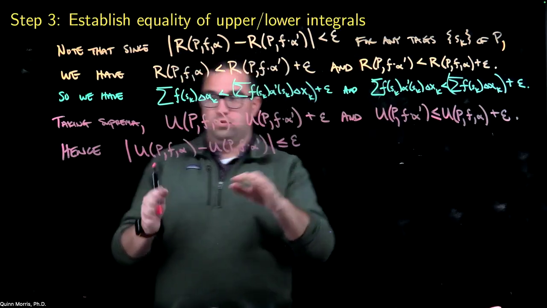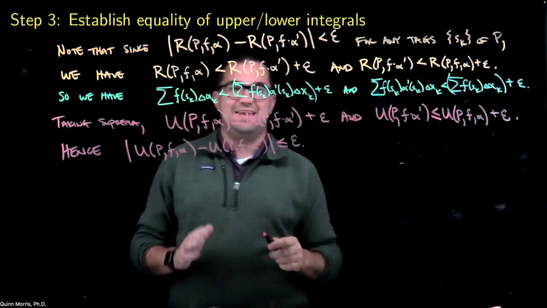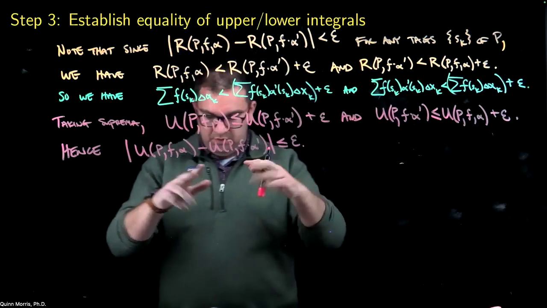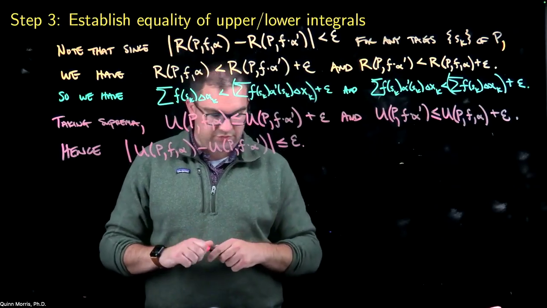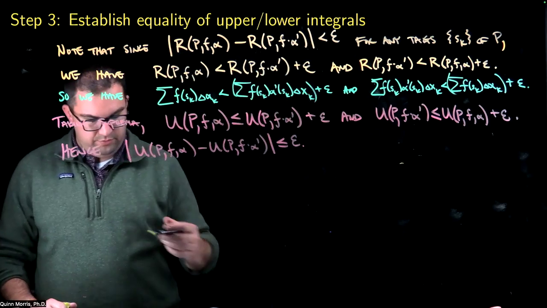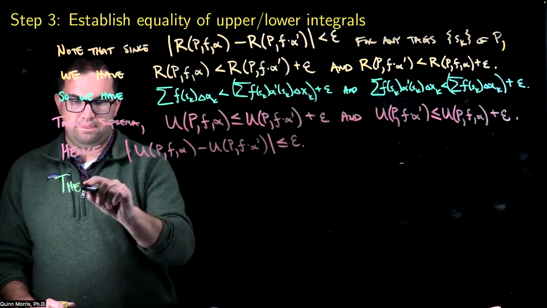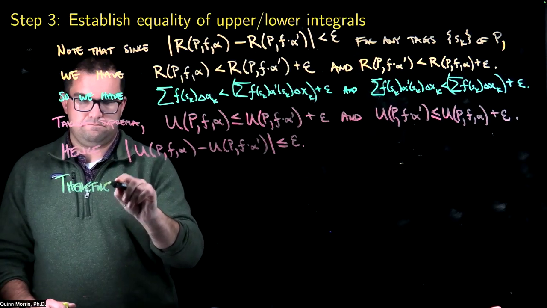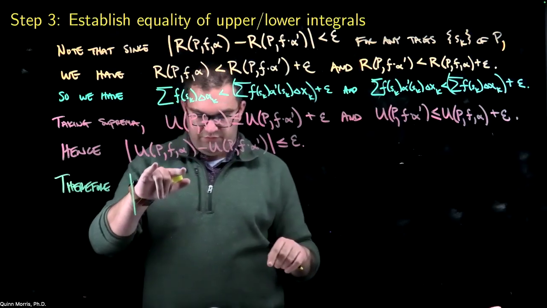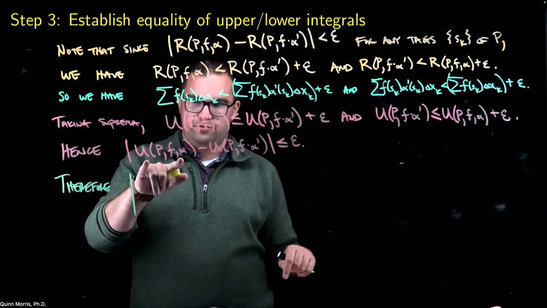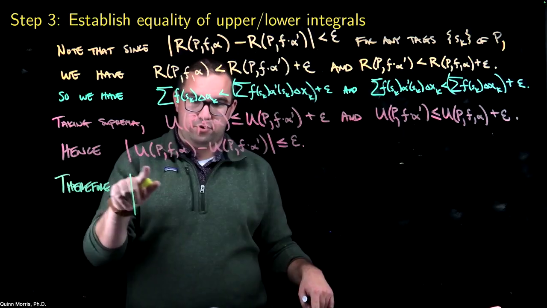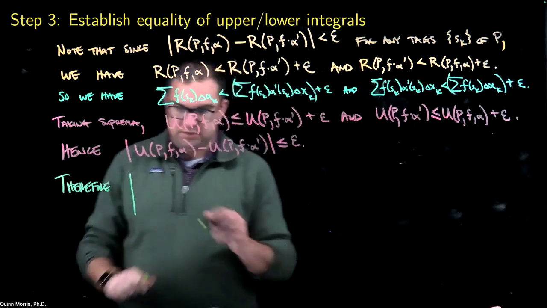Now, this holds not only for P, but any refinement of P, right? Because as I take refinements of P, this difference will get smaller and smaller. And so therefore, what happens if I take this for finer and finer things, as I think about taking the infimum of all these upper Darboux-Stieltjes sums?